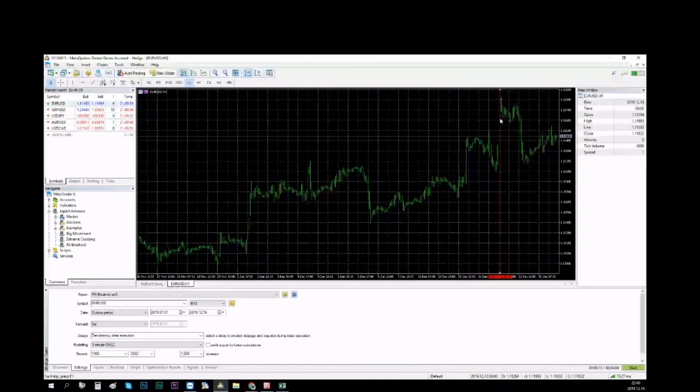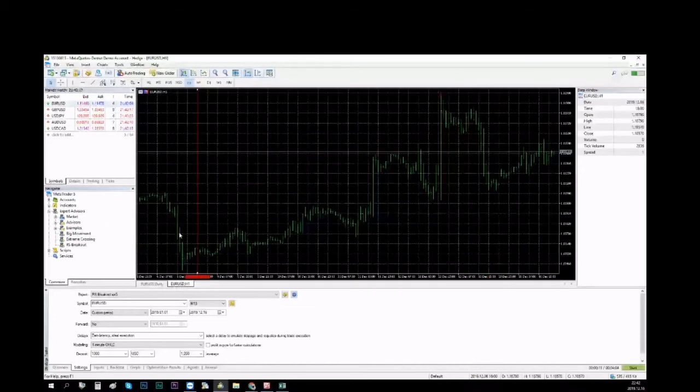For example, I'm just giving an example for euro dollar. If in 3 bars the price goes 50 pips, for example, from here to here, I don't know exactly, but it's like 40, for example, it means it is extreme for me. Extreme movements occurred in these 3 bars here. So it means for me the price is going up soon.